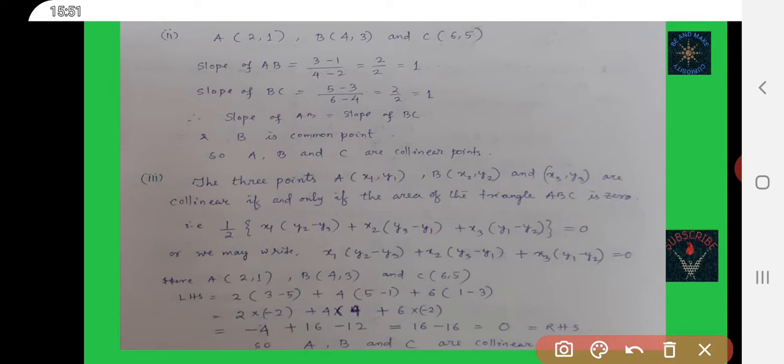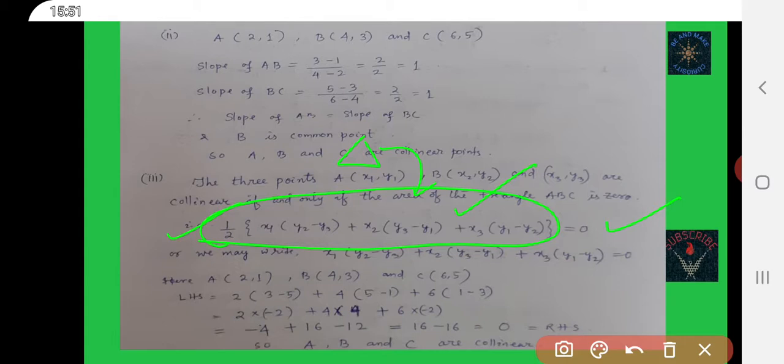And you know the formula of the area of a triangle when 3 vertices are given. So here you know this formula. If this is the area of the triangle, and when this is equal to 0, we can say the points are collinear.